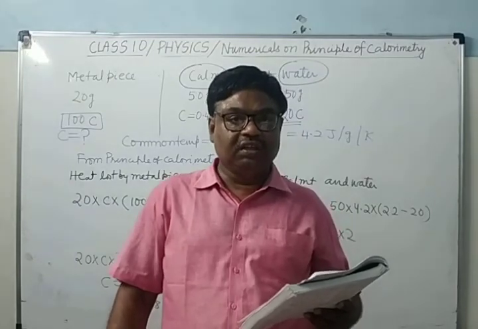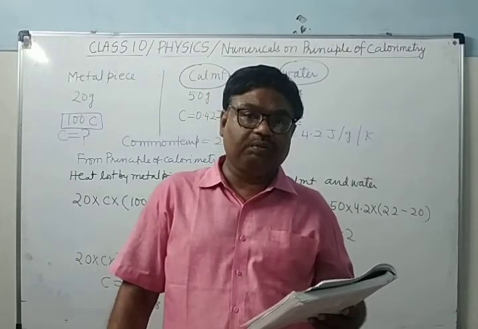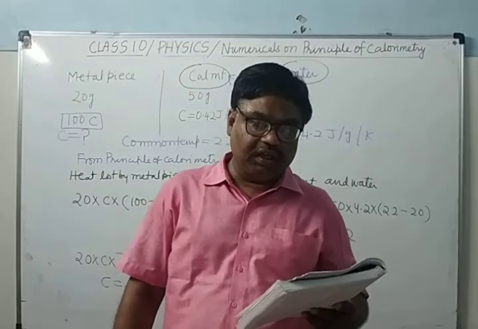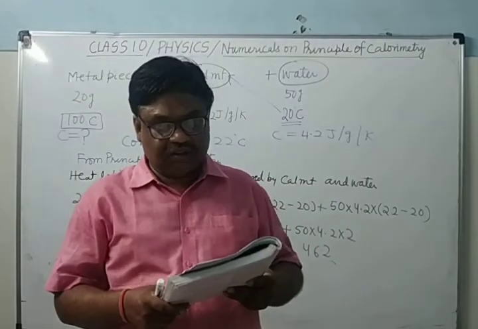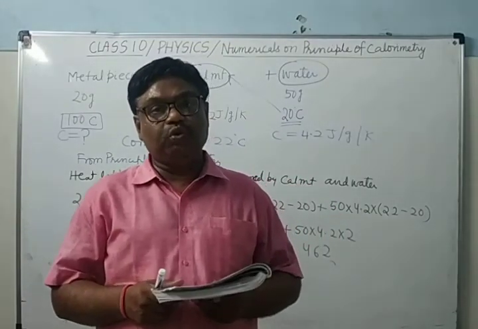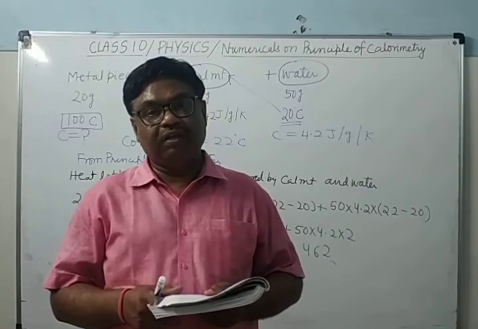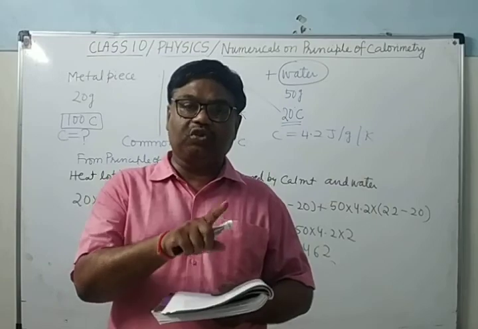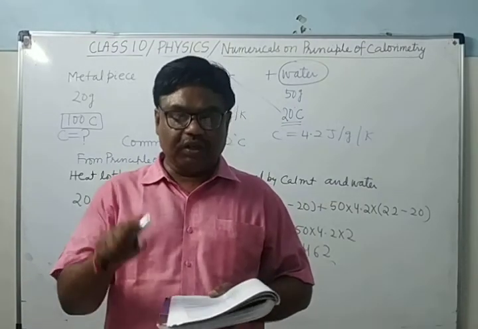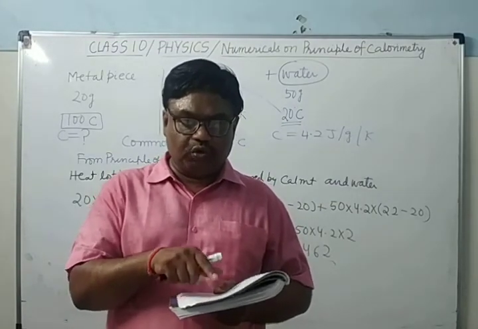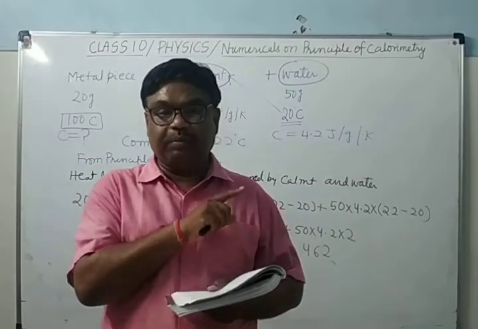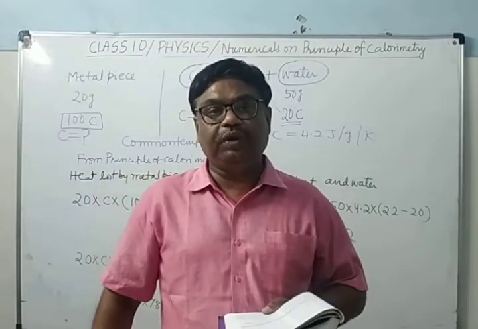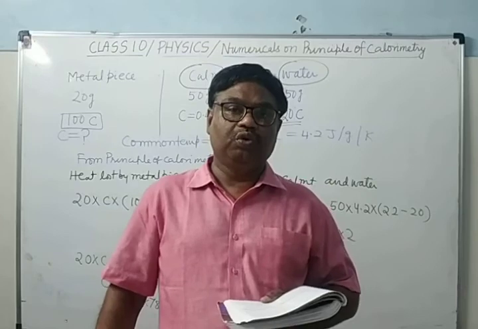Total heat required will be m into c into delta T. M is given 1 kg, c is given 4.2 joule per gram per Kelvin. C is given per gram, mass is given in kg, so you convert mass into gram. So 1000 into 4.2 into delta T, which is 100 minus 25. So you will find out the Q.